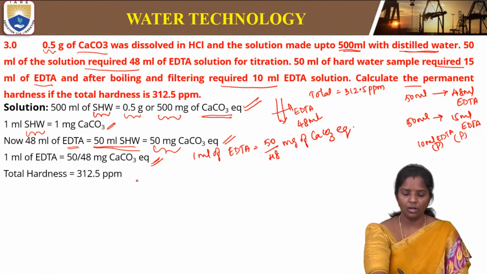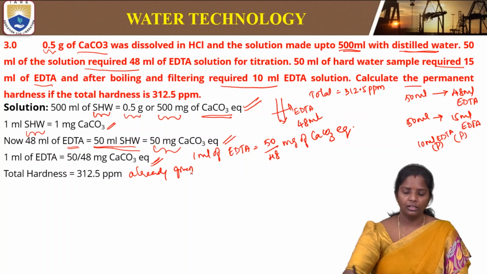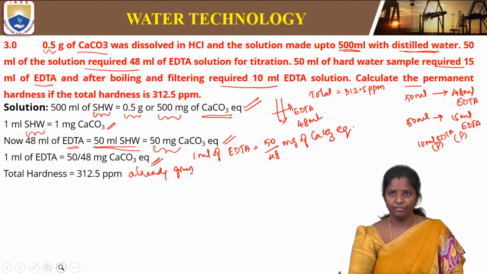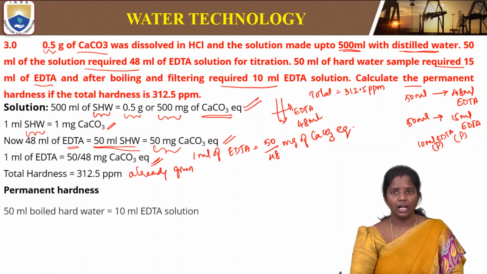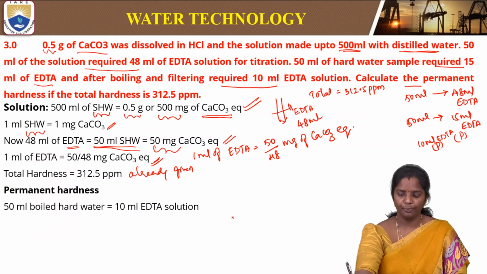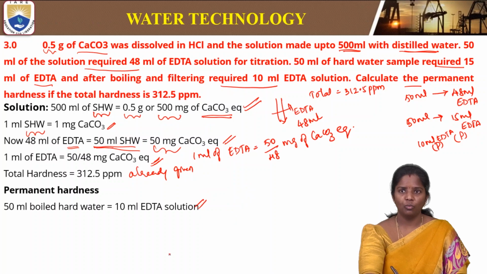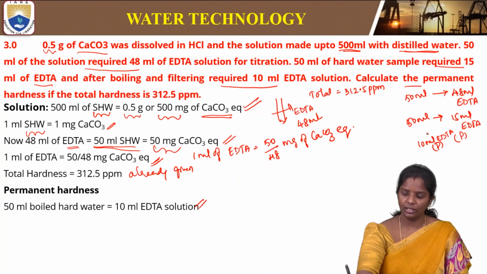So total hardness is already given, that is 312.5 ppm. Now, what is the permanent hardness? 50 ml of water is boiled, and that consumes 10 ml of EDTA.